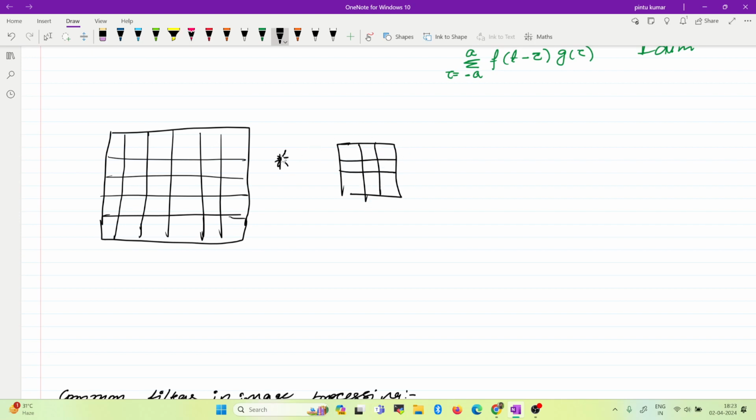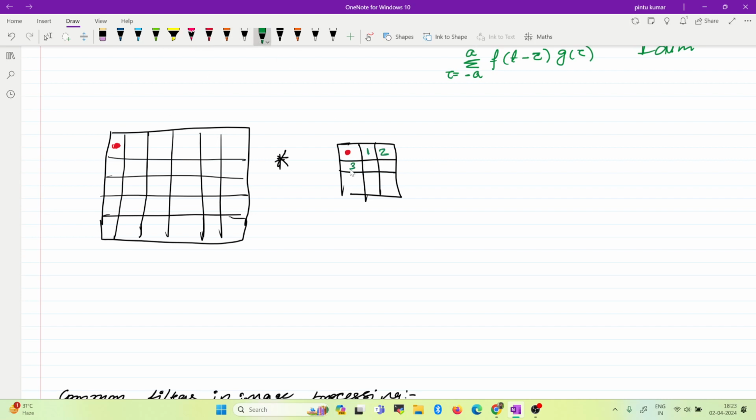There are 3 possible options by which you can do this kind of convolution. Let's say you want to start from this particular thing. The first option is that you map this red dot to the red dot over here. Then how would this operation look?